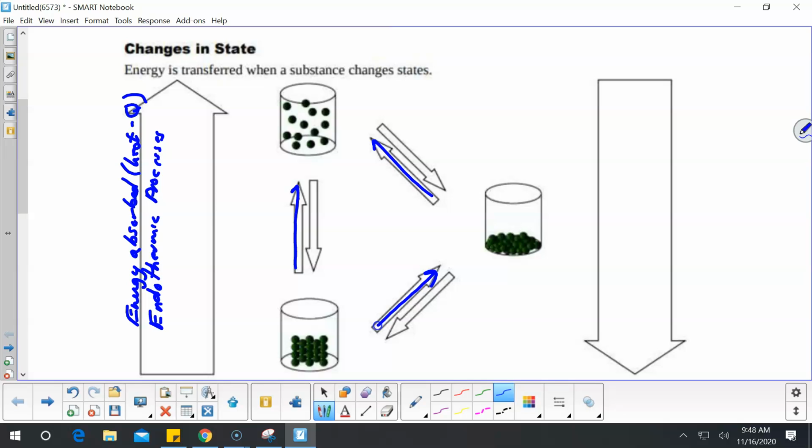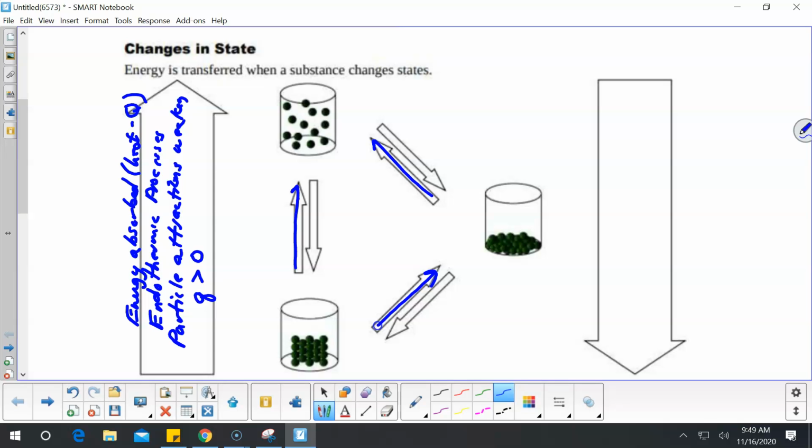Also, during this, since we're talking about changes in state, there's something happening between the attractions between the particles, and what's happening is particle attractions are weakening. We also know Q, and it can be an upper or lowercase letter, is going to be greater than 0. So it's going to be a positive value.